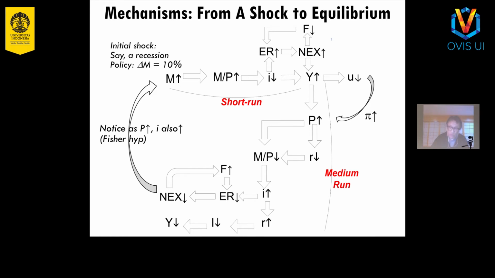So now we want output to go up. Okay. Now, if output goes up, unemployment, which is U, will go down, right? Because if the economy is growing fast, a lot of jobs are created, and there are fewer unemployed workers, right?